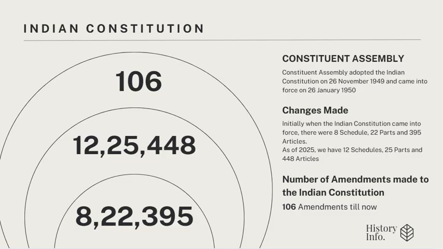But as of 2025, we have 12 schedules, 25 parts and 448 articles, as you can see on the screen. And the number of amendments made to the Indian Constitution amounts to 106 up till now.